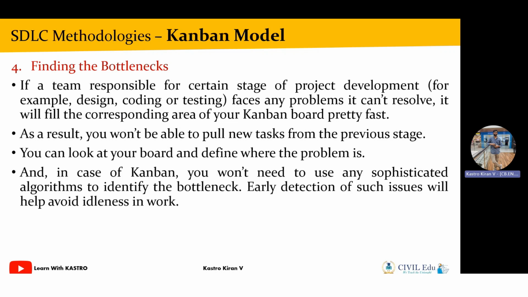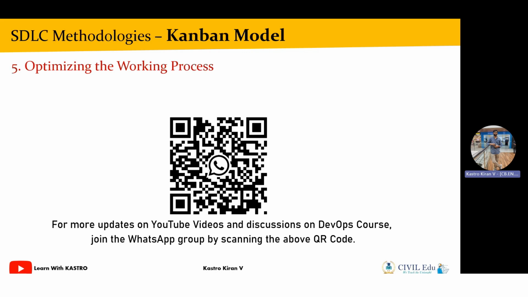So the Kanban model helps us identify the bottlenecks that are stopping the progress of project development, and helps us identify the problem and how to resolve it as a team.